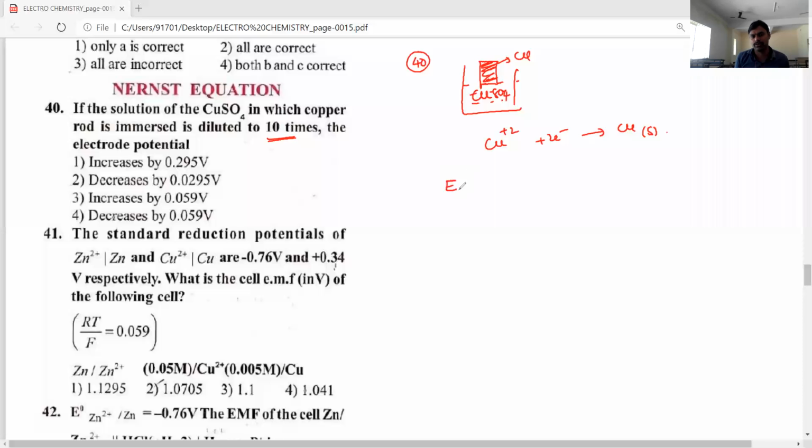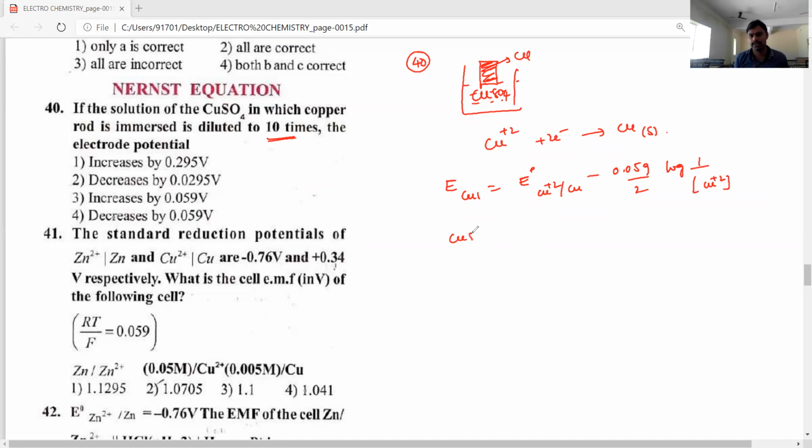See the electromotive force of the cell. E cell is equal to E0 of copper plus 2 by copper minus 0.059 by N, N is equal to 2, into log of the concentration of product solid, 1, by the concentration of copper plus 2. Okay, that is that.